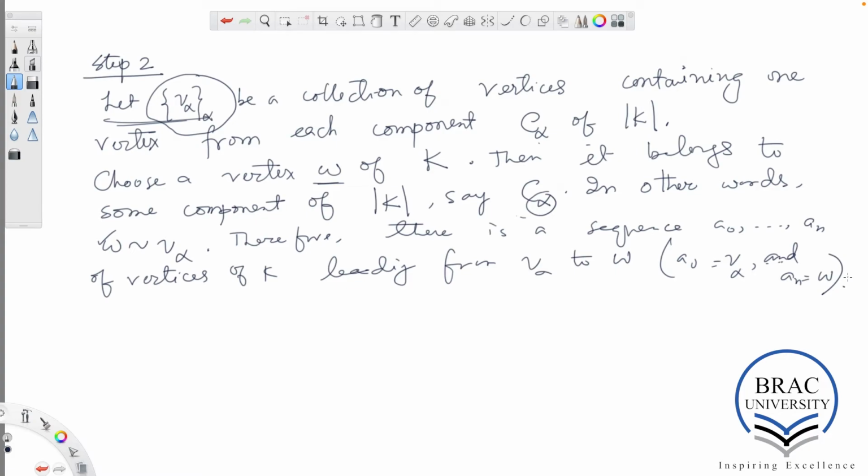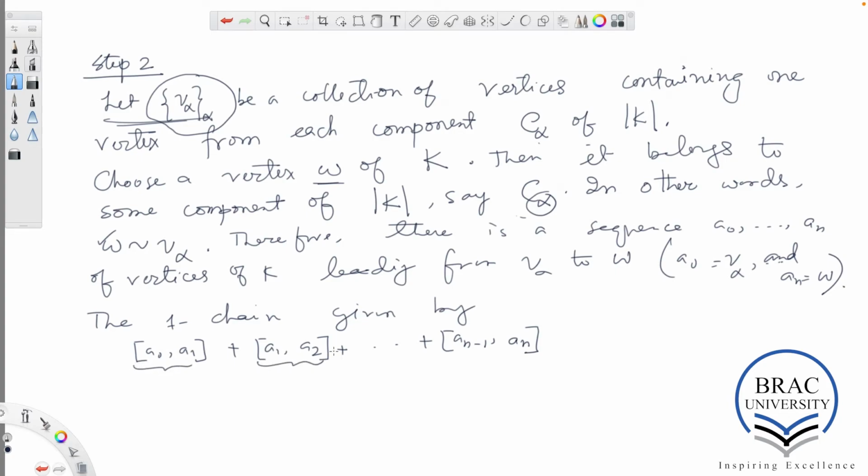Good. So now the one chain given by A0 to A1 plus A1 to A2 plus all the way up to AN minus 1 to AN. This is a one chain that is a linear combination of these elementary one chains, right?